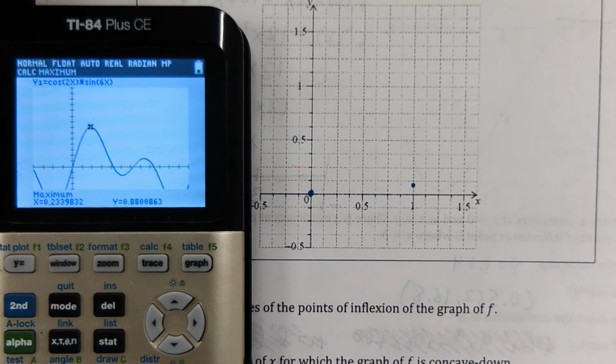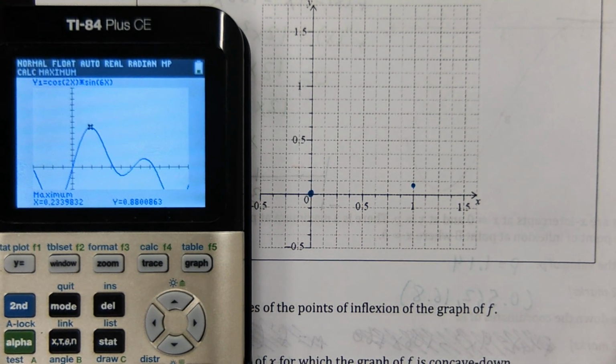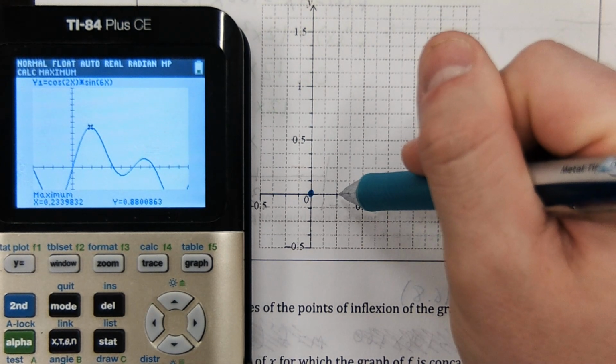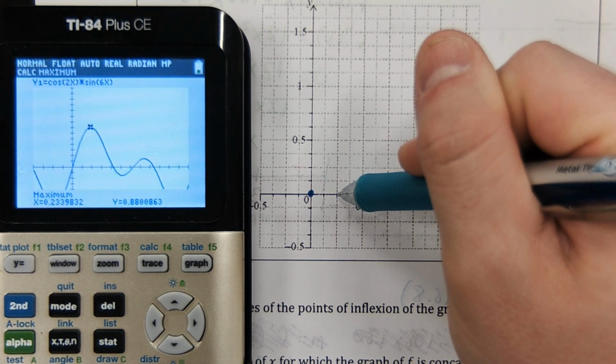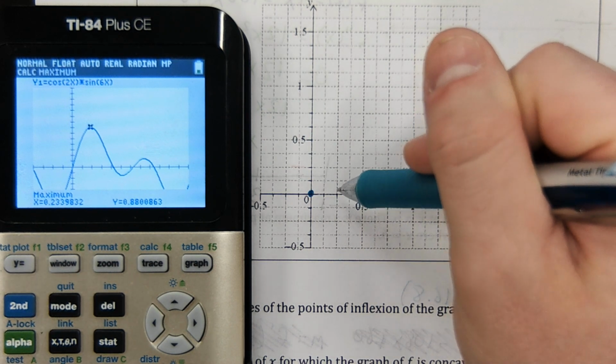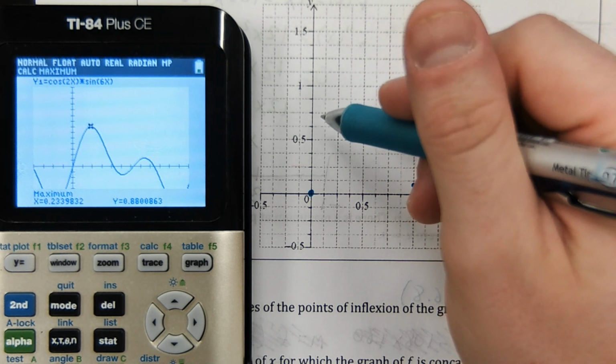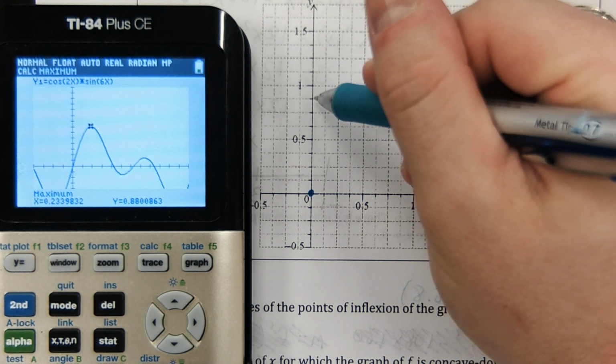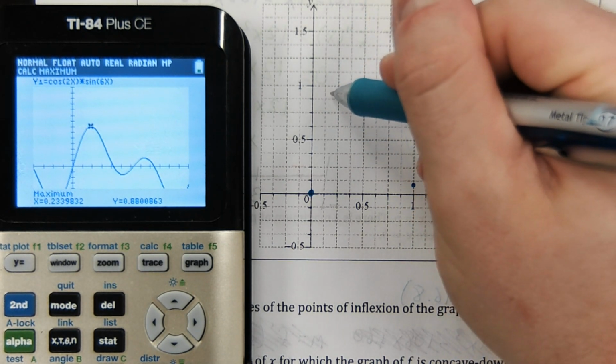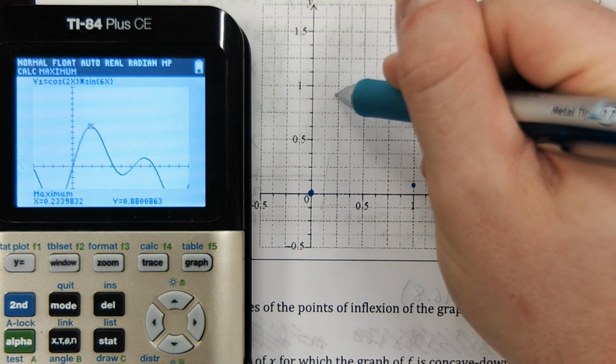All right, I got a maximum at 0.234, which is a little bit less than 2 of my tick marks, comma, a little bit less than 1, 0.88. My tick marks, man, I wish I could see numbers on this. So 0.125, 0.88 is like right here-ish.